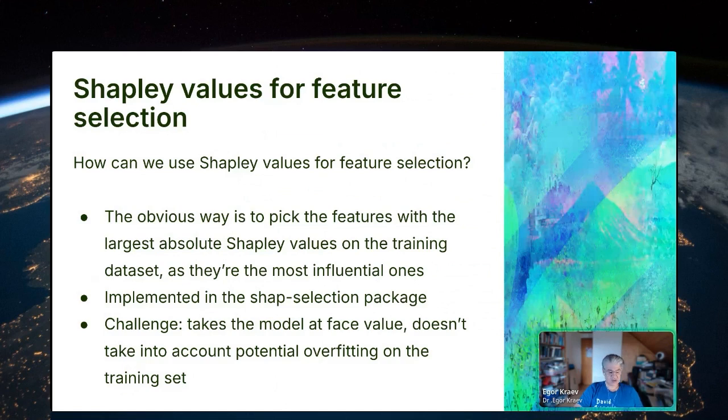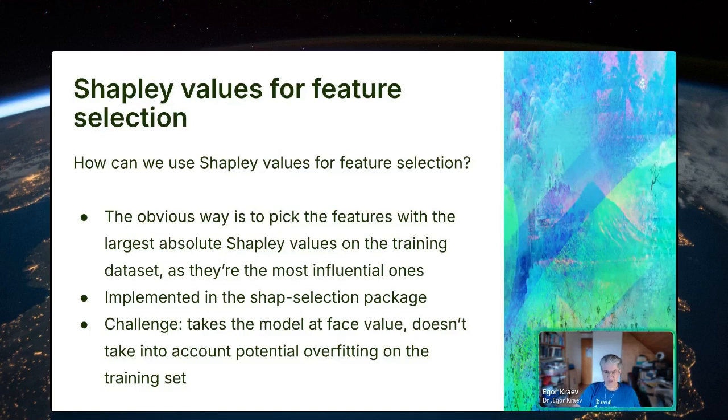Those are the ones that the model cares about the most, and therefore the most important ones. So you use the absolute value of Shapley values across the data set, averaged in some way across the data points, to rank the features' importance according to the model.